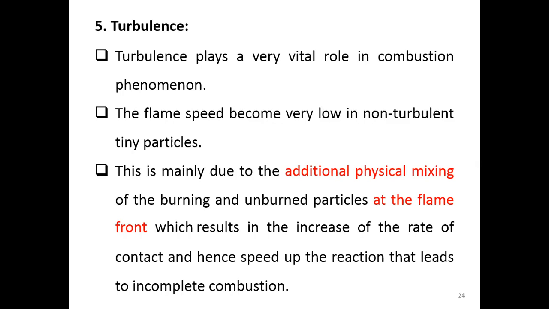Okay, that happens, and that means what? If this mixing happens, it will result in an increase in the rate of contact. Because it's mixing, you have a high rate of contact between these two, and that will speed up the chemical reactions.